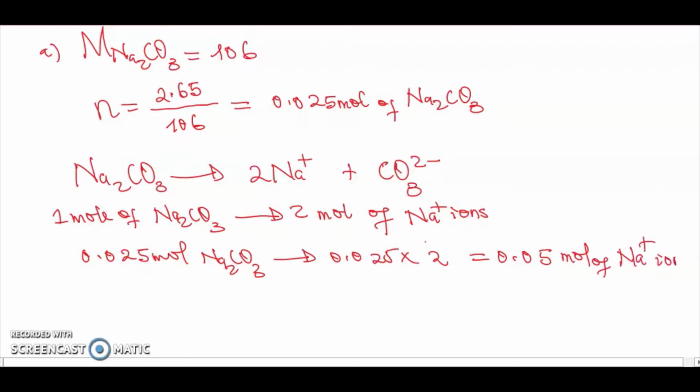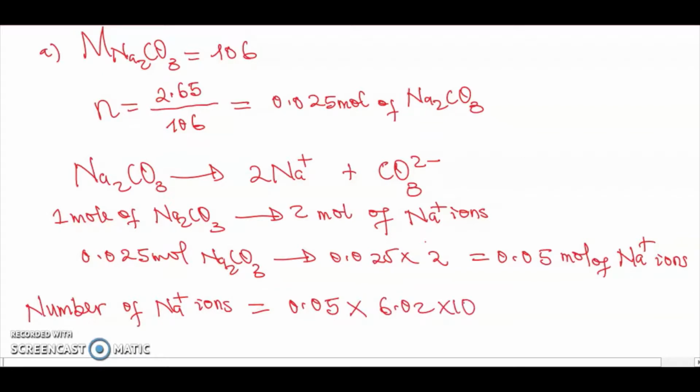Now that we have the number of moles of sodium ions, we can now multiply it by the Avogadro number. So number of sodium ions is equal to 0.05 multiplied by 6.02 times 10 raised to the power 23.